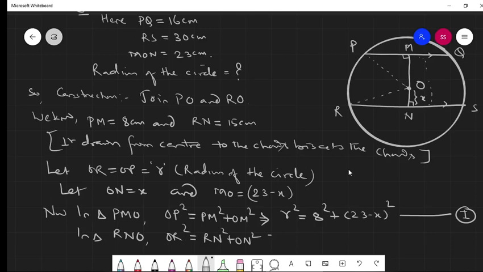Now equating both equations, because in the first equation this is the value of r square, and in the second also the value of r square. Equating first and second, 8 square plus (23 minus x) square equals 15 square plus x square.